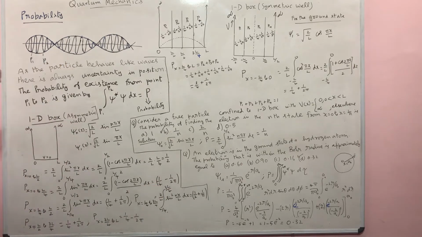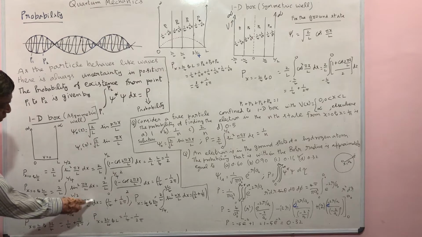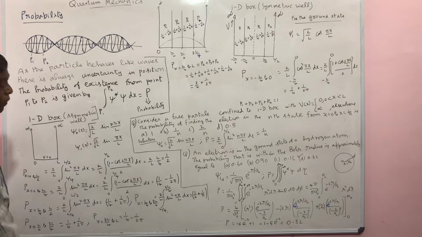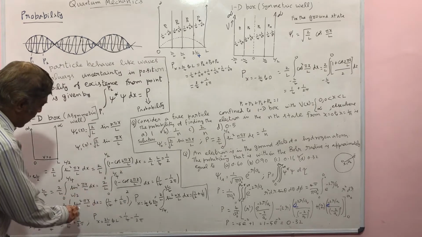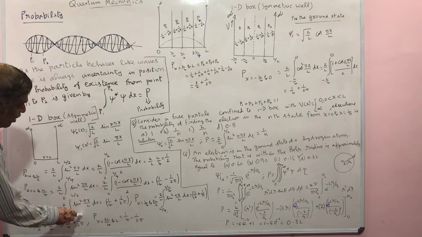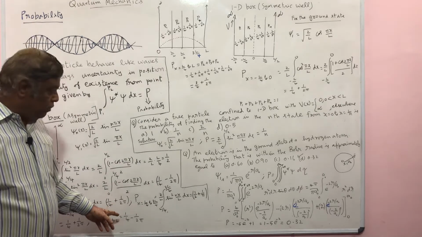Likewise, for L by 4 to L by 2, the lower limit is L by 4, the upper limit is L by 2, and sin square pi x by L is replaced by 1 minus cos 2 pi x by L divided by 2. After evaluating the integral and substituting the limits, the result is 1 by 4 plus 1 by 2 pi.